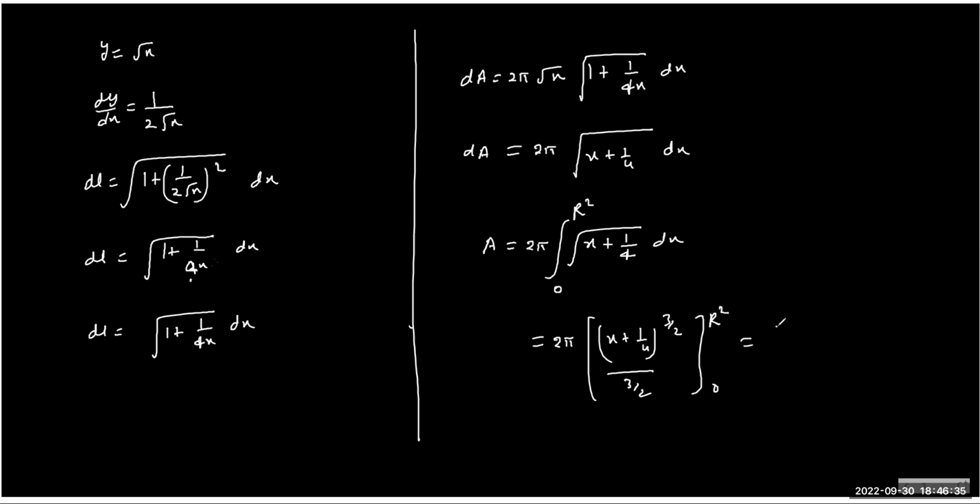So the answer is 4 pi by 3, and r square minus 1 by 4 to the power 3/2. Okay, so not a nice answer, but okay, there is an answer.